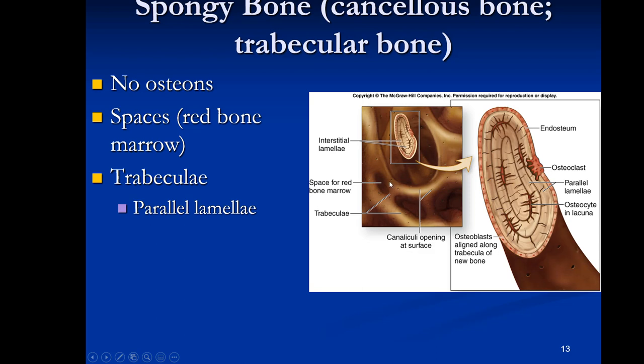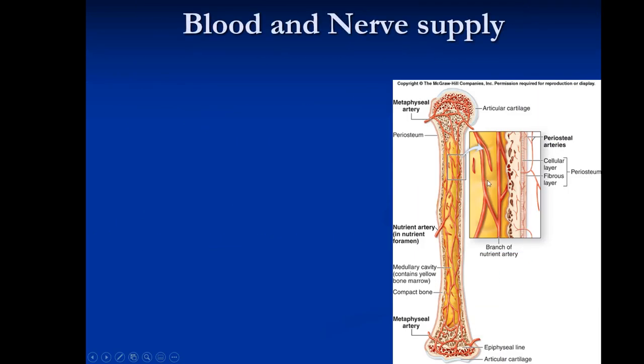The structures that make up the spongy appearance or lattice work are called trabeculae. And again, we have lamellae. They're called parallel lamellae because they're not going around a central canal. We still get the osteocytes in the lacunae, along with the canaliculi.